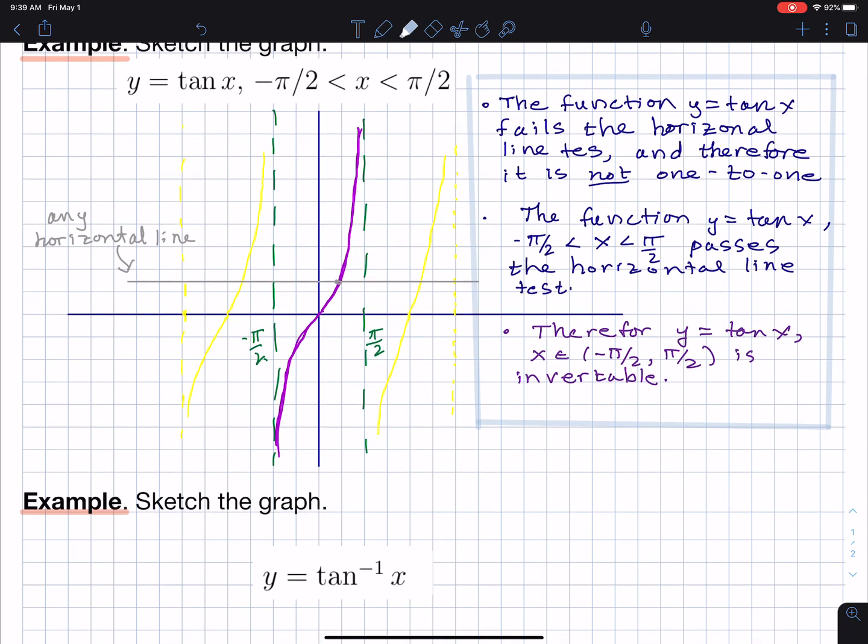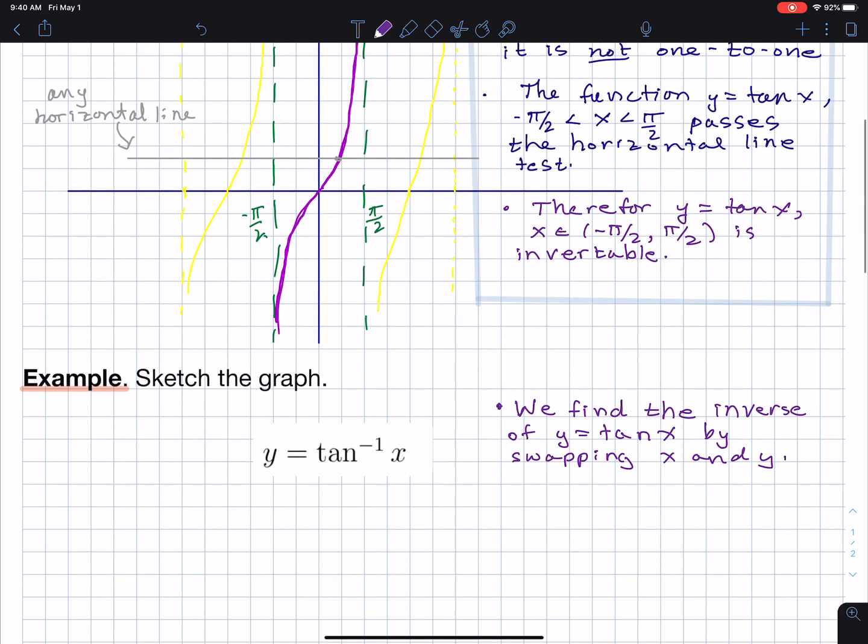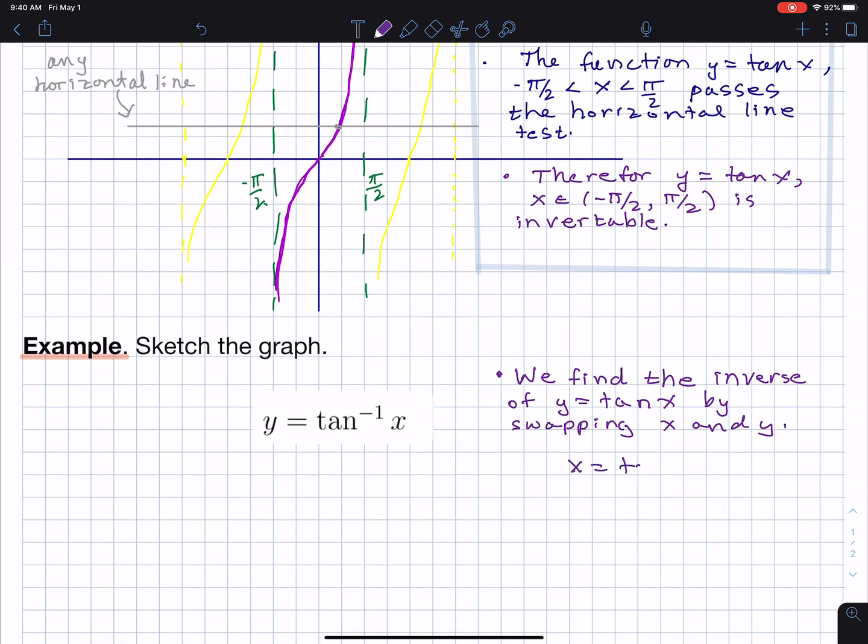What we do is we find the inverse of y equals tan x by swapping x and y. So what we get is x equals tan y.